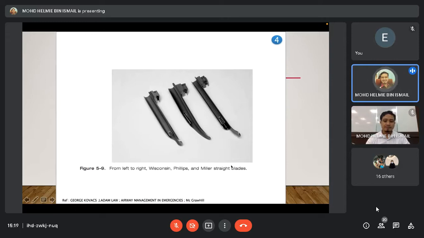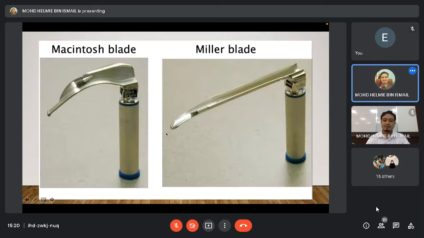Alright. This one is a Miller straight blade. Basically it is a company's brand. Why Miller? Because of the brand name. The correct name is straight blade: curved blade and straight blade.